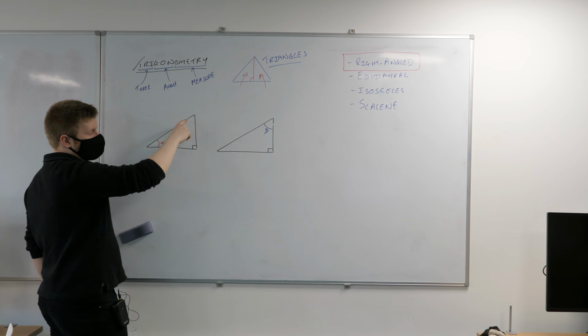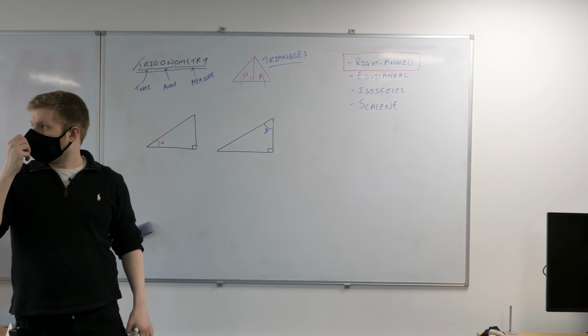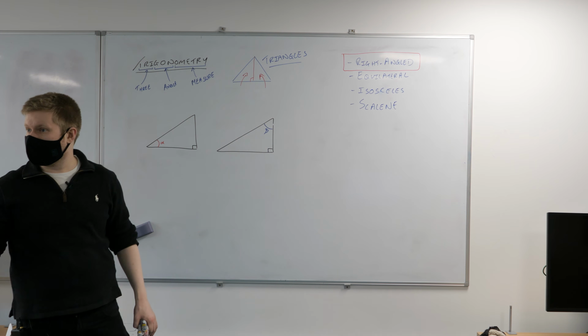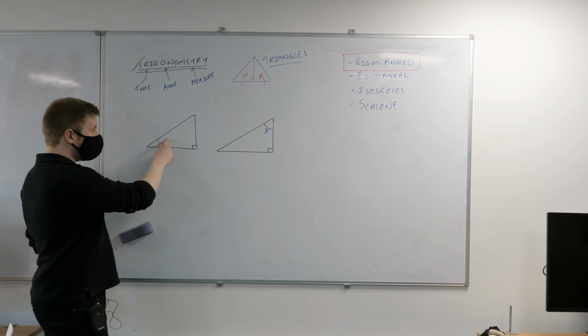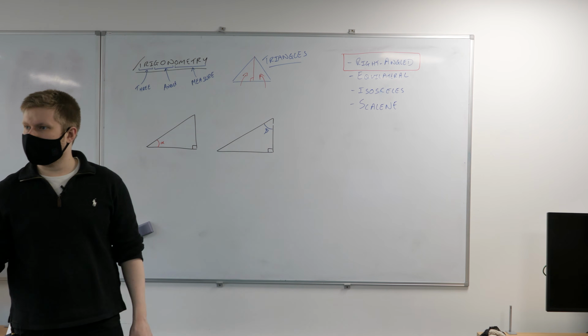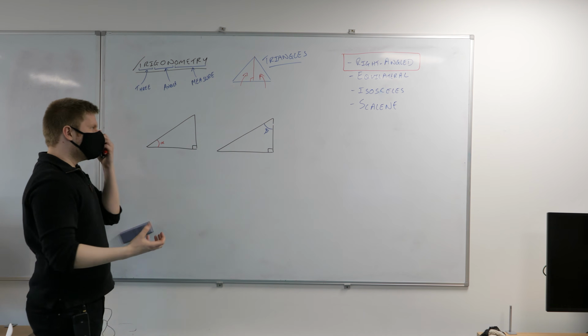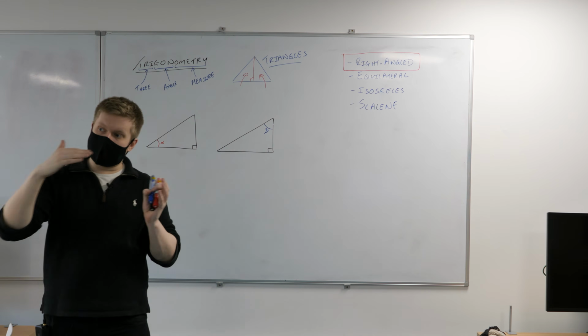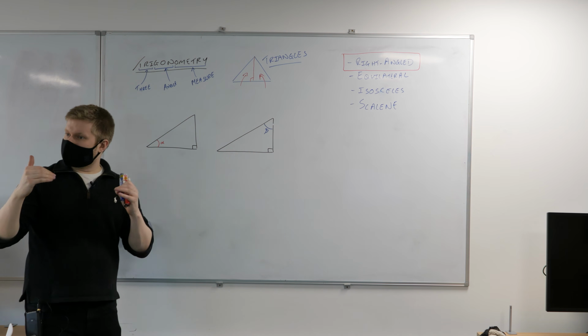Regardless of what the other 2 angles are, all angles in a triangle have got to add up to 180 degrees. If one of those angles is taken as 90 degrees, the other 2 angles have got to be less than 90. You happy with why? Because they've got to add up to 90, haven't they? There's only 90 degrees left. Because there's this relationship between side lengths and angles, the angle will dictate the side length.